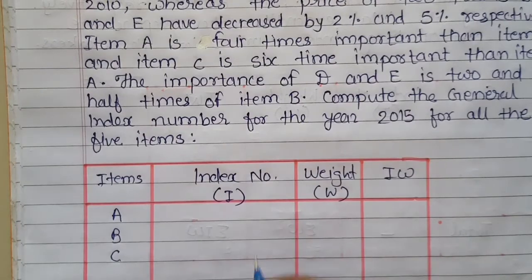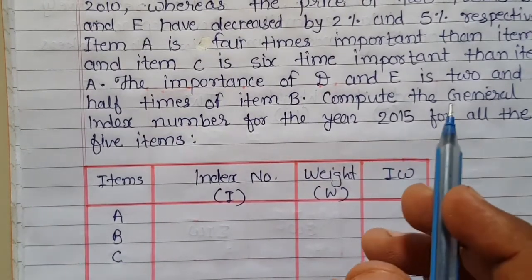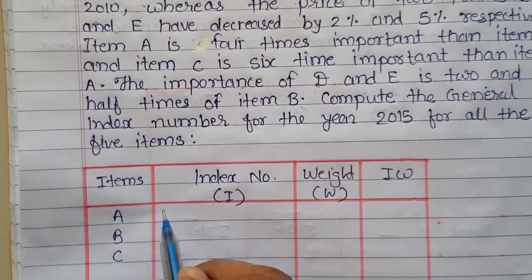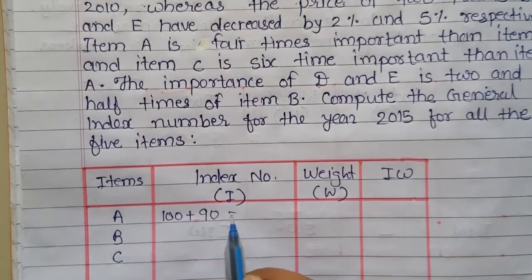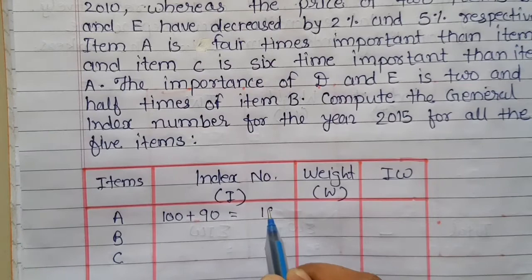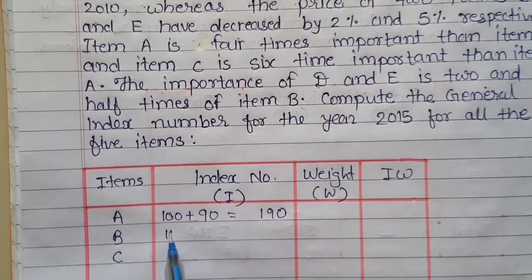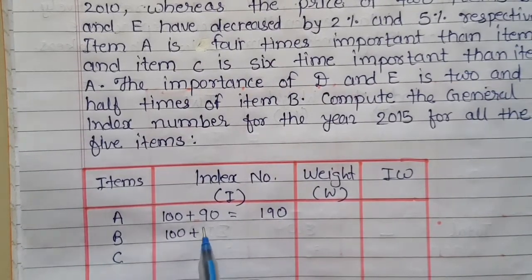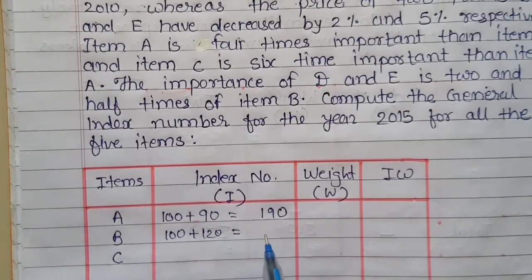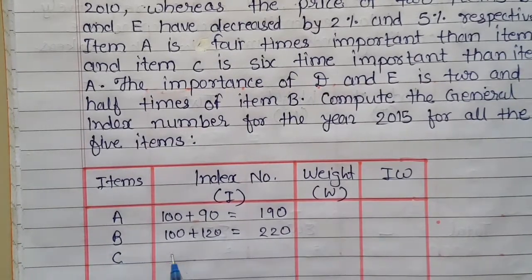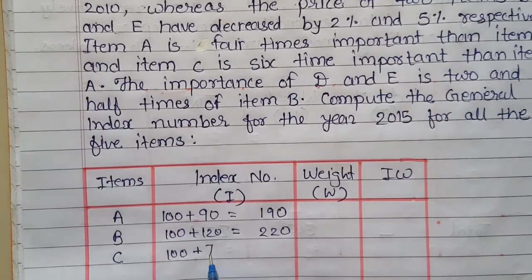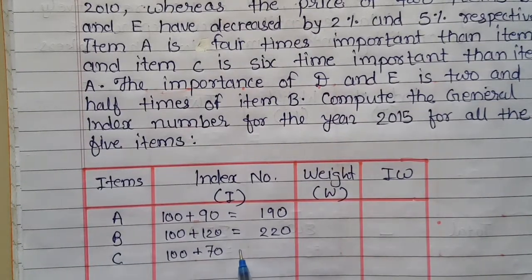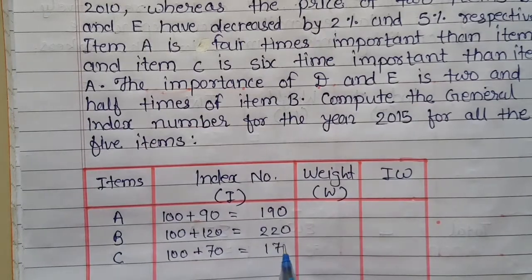For A, increased by 90%, so 100 plus 90, we will get 190. For B, 120%, so 100 plus 120, we will get 220. And for C, 70% is increased, so 100 plus 70, we will get 170.